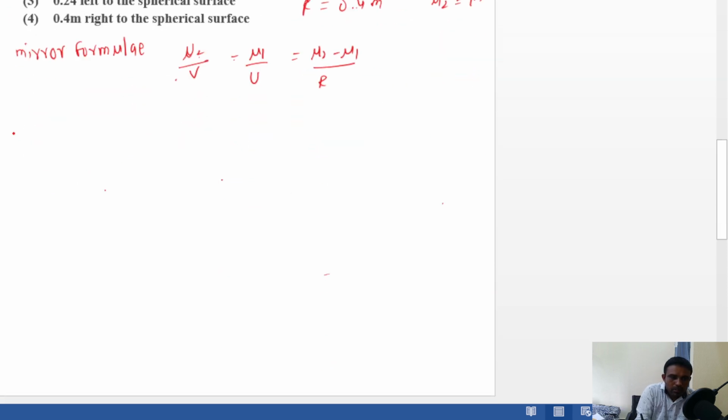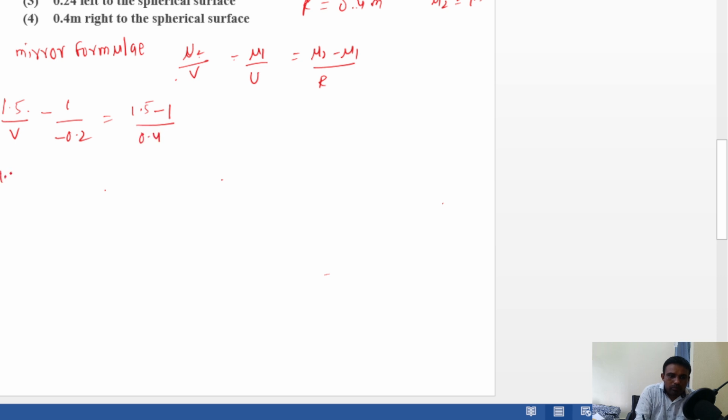From this formula, mu 2 is given 1.5 by v, we don't know the v value, minus mu 1, which is 1, by u, whose value is minus 0.2, is equal to mu 2 which is 1.5 minus mu 1 value 1, by the radius of curvature 0.4.